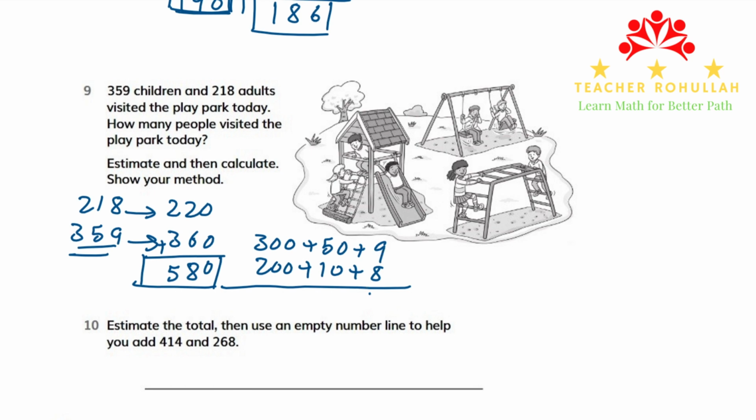9 plus 8 is 17. 50 plus 10 is 60. And 300 plus 200 is 500. 500 plus 60 is 560. And 560 plus 17 will be 577.